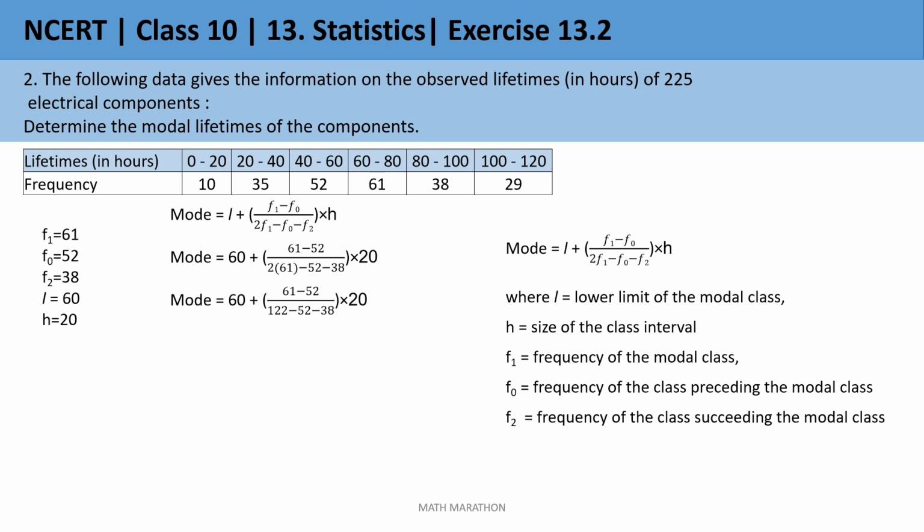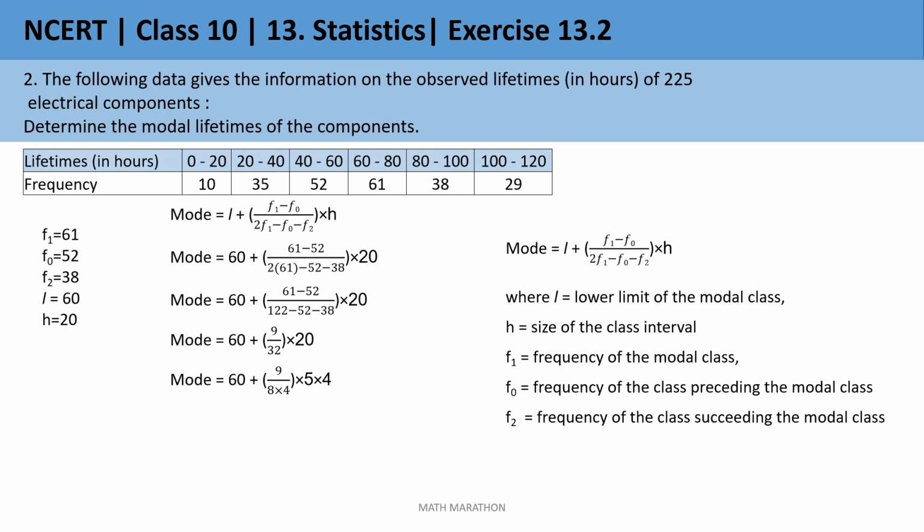In denominator, twice of 61 is 122. Remaining equation I have written as it is. In numerator, 61 minus 52 is 9. In denominator, 122 minus 52 minus 38 is 32.